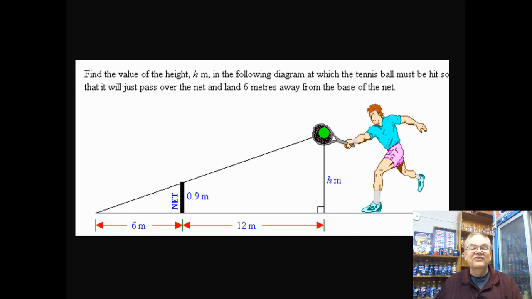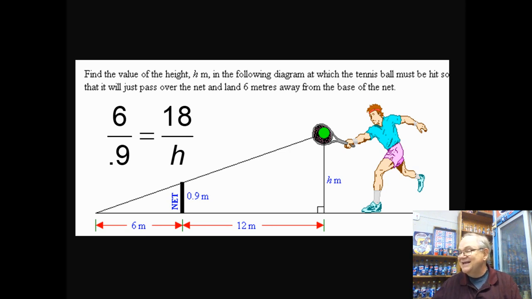Most people realize 0.9 and h will go together. But what can be harder to realize is that the 6 is going to go with 18 rather than with 12. You've got to actually add the stuff up to come up with it. To solve this, I would take 0.9 times 18 and then divide by 6 to figure out what my height is overall.